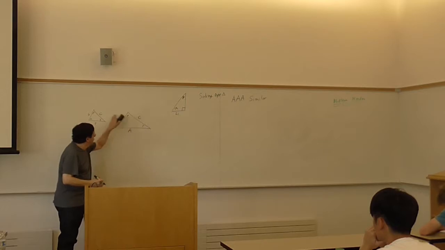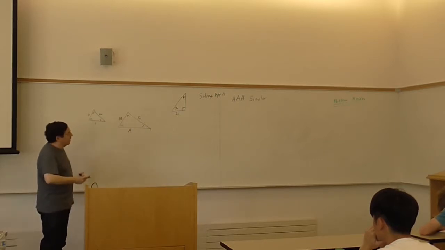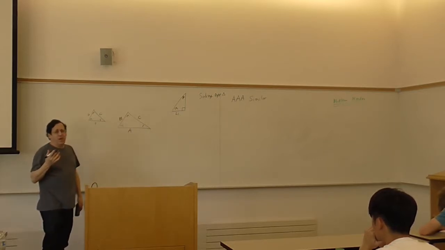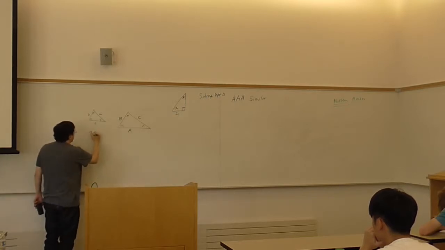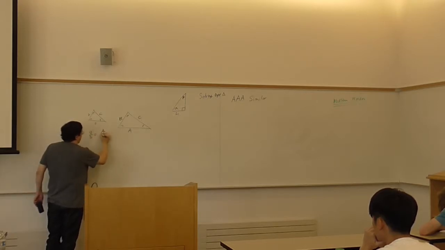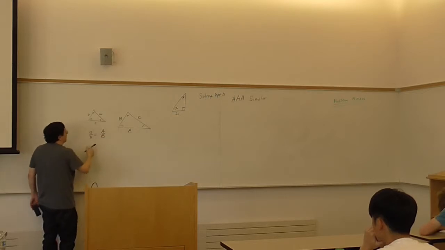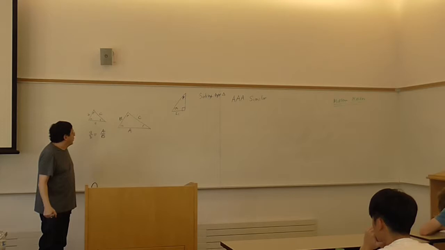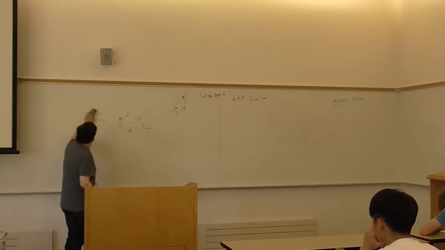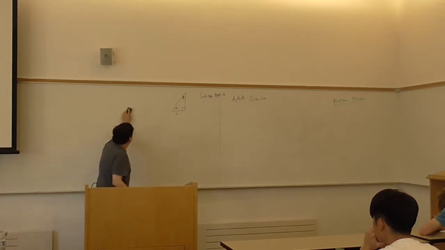I know these sides don't have to be the same, but I do know that they are in proportion. So by that I mean little a over little b, this ratio is the same as big A over big B, same for B and C and A and C. So that's useful information, but it kind of doesn't apply for today.